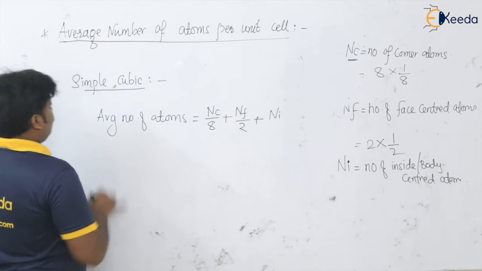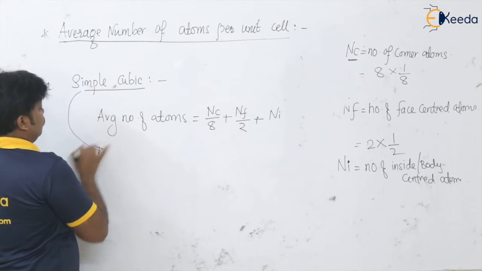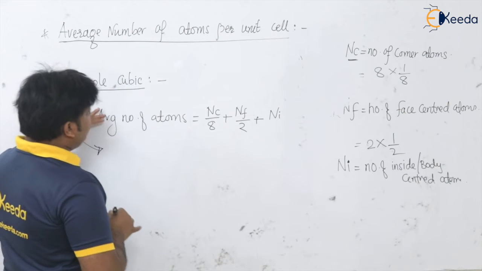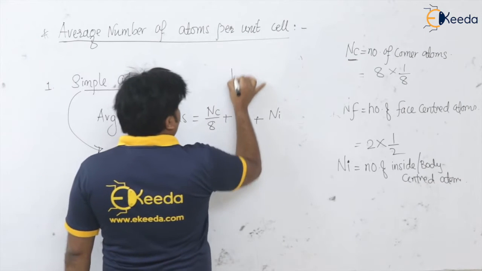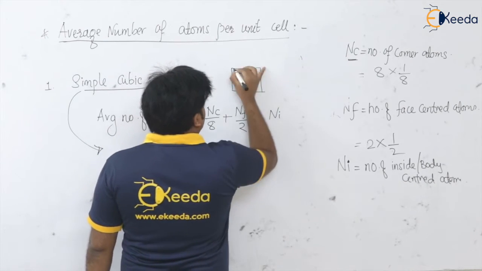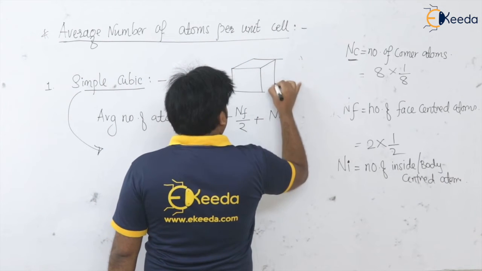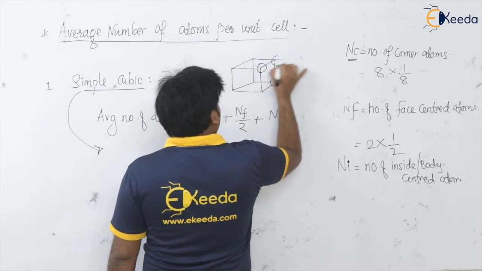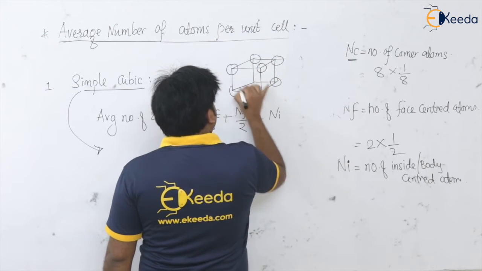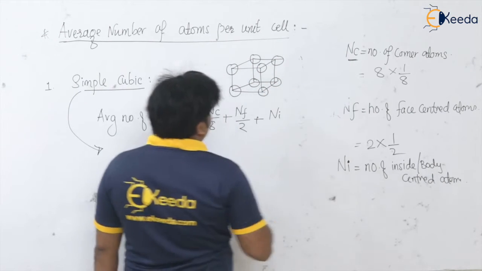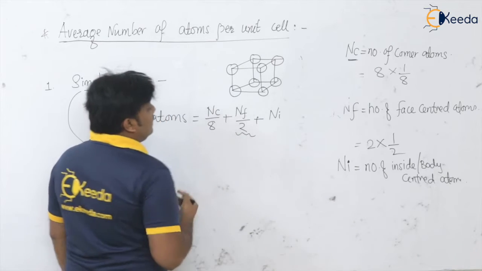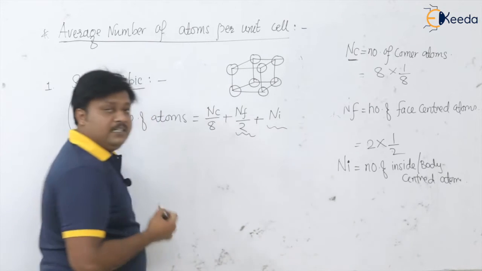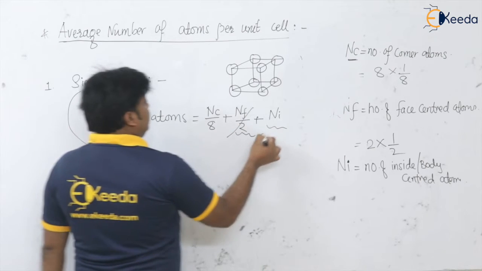Okay, so we have taken here the simple cubic first. So we know that in simple cubic there are 8 atoms at the corners of this cube: 1, 2, 3, 4, 5, 6, 7, and this is 8. No face centered atom, no body centered atom. So these are going to be zeros.